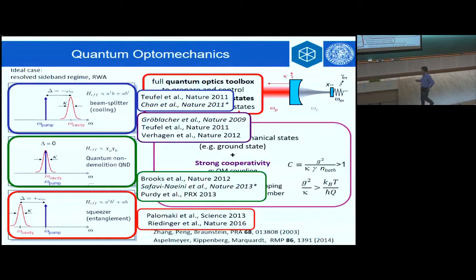If we rewrite this cooperativity a little bit differently, then we get this inequality, where you see the coupling squared over the cavity decay, which should exceed something that goes with both the temperature and the mechanical quality of the system. Of course, this is one of the essential things people have been working on, to increase the mechanical quality of the mechanical resonators.